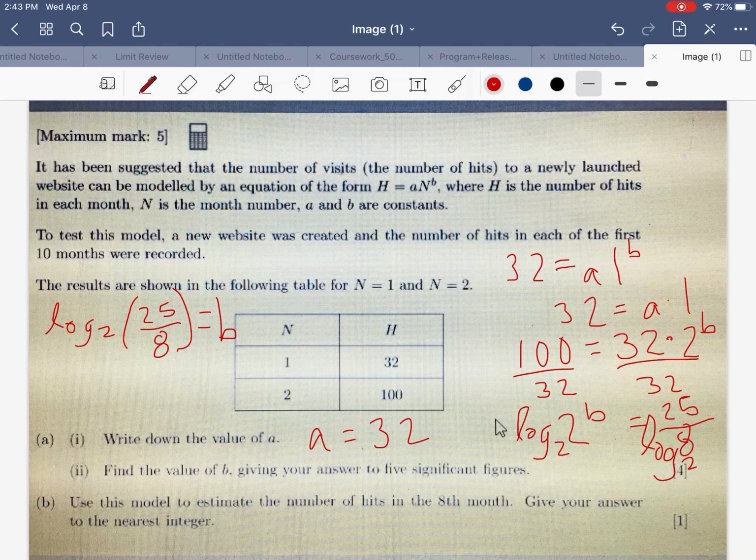So change of base formula. Remember, you take the base that you want to change it to, which is going to be 10.